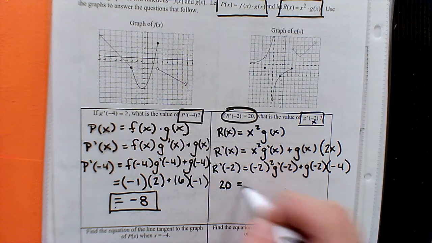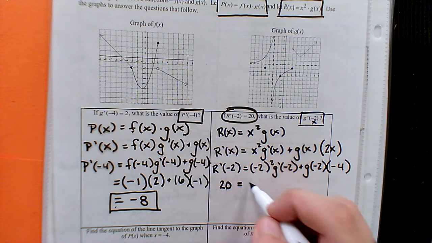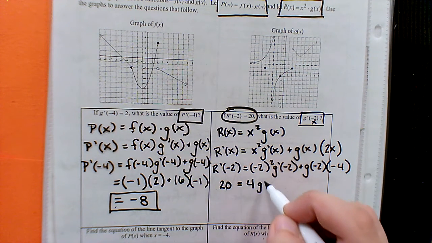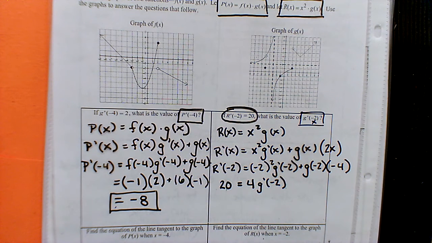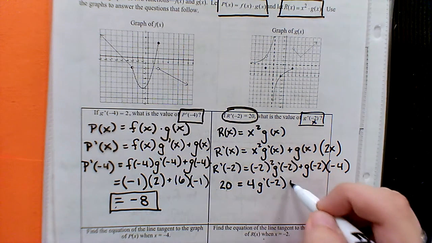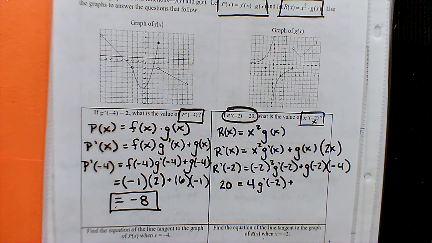Okay. We can simplify negative 2 squared, that would be 4. We have no idea what g prime of negative 2 is because that's what we're trying to figure out after all. Can we figure out g of negative 2, either off of information they gave us or the graphs that they provided?